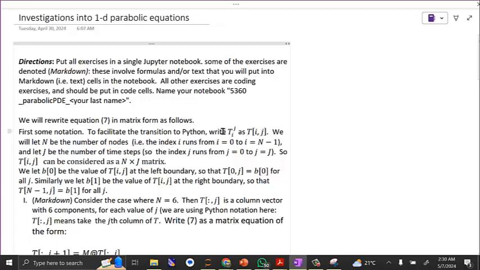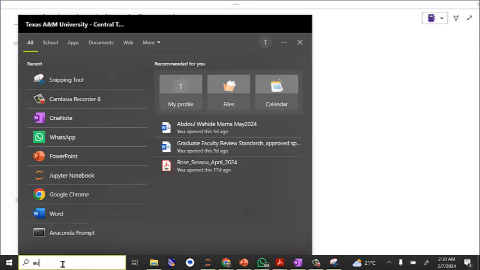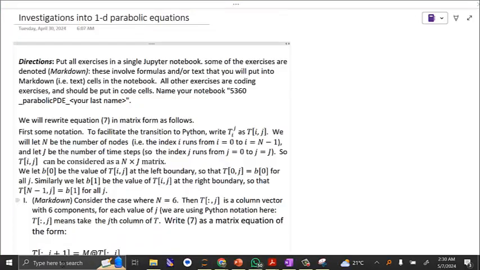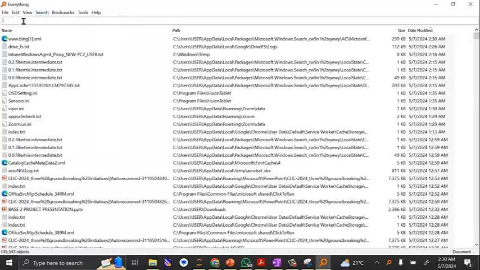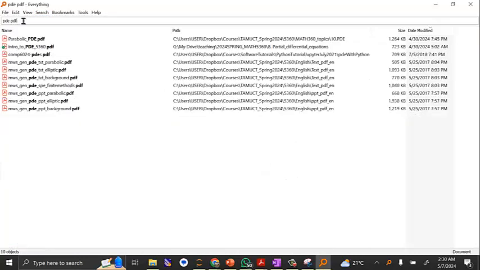So if you remember what T was, well, let's go back there. Let's see if I can just pull this up quickly. I think I can look for a document, and it should have a PDE in it. Yes, it should be this one.